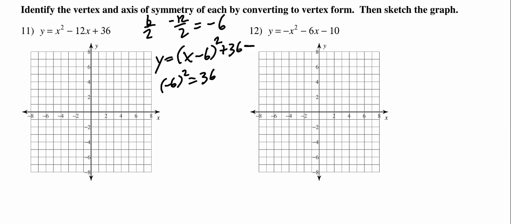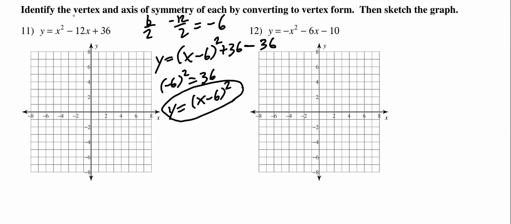So we're doing 36 minus 36. So rewriting this out, the 36 will cancel out because 36 minus 36 is equal to 0. So we're just left with y is equal to x minus 6 all squared. So that's our final vertex form for question 11 right there.